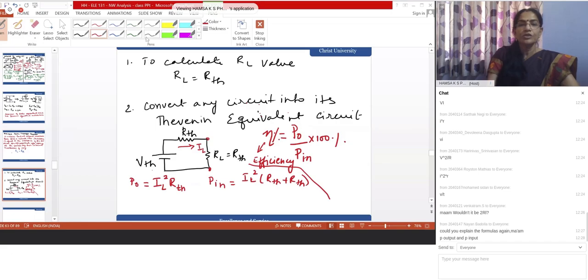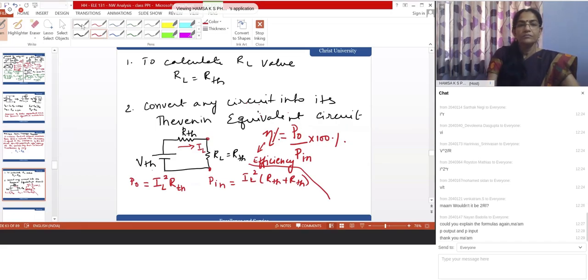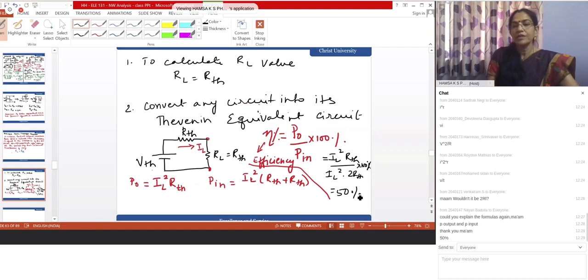Now if we substitute here, efficiency will be output by input, right? So this will be IL squared RTH divided by IL squared into 2 RTH into 100%, so that will be equal to 50%. Right, so 50%.